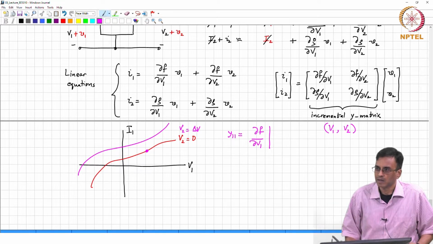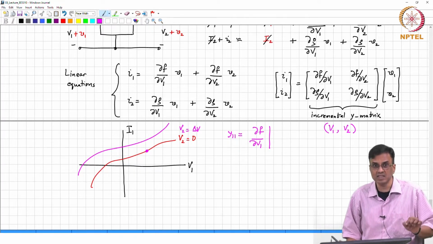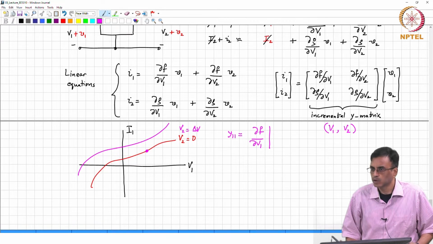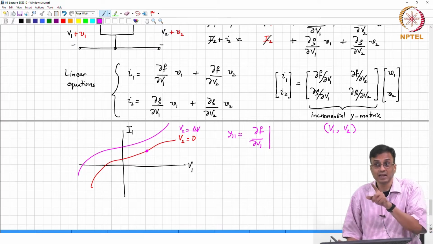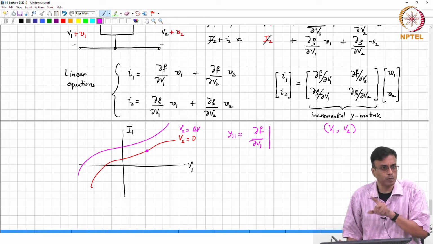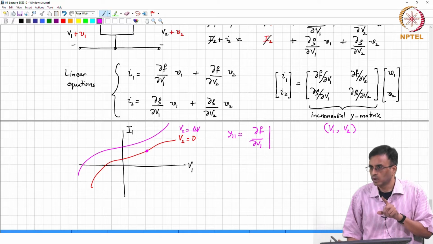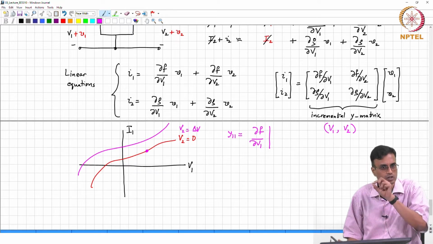The incremental y11 is the ratio of the change in the input current, or the incremental current in port 1, to the incremental voltage applied across port 1 when the incremental output is 0. Okay. It is not when the output is shorted.